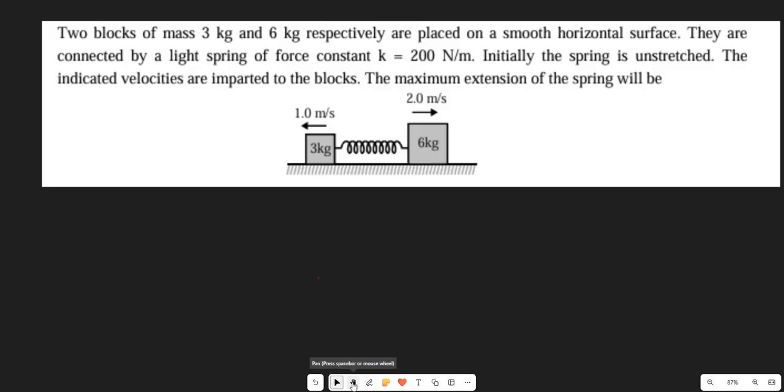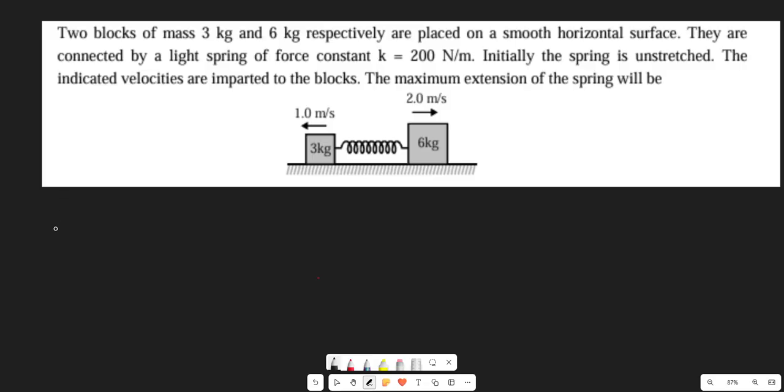We have two methods to solve this. First is simply equating half k x square equal to half mu v relative square, which is a formula. But let's do it by mechanical energy conservation, which is a basic approach for questions like this. Since the net external force on this whole system is zero, we can simply apply mechanical energy conservation.